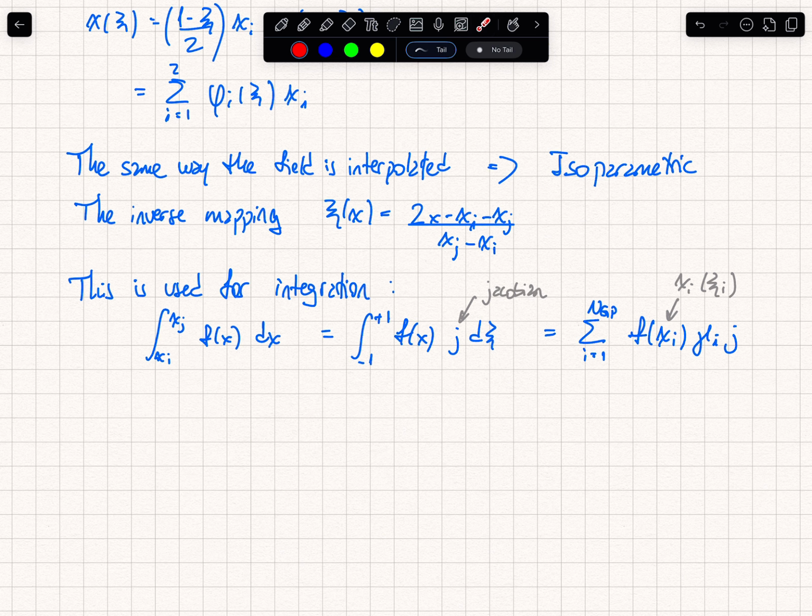So this is very important. This is not a function of xi, this is a function of x. And therefore, given a quadrature point xi, I'm going to try to find first x so that I can evaluate that function and then integrate.